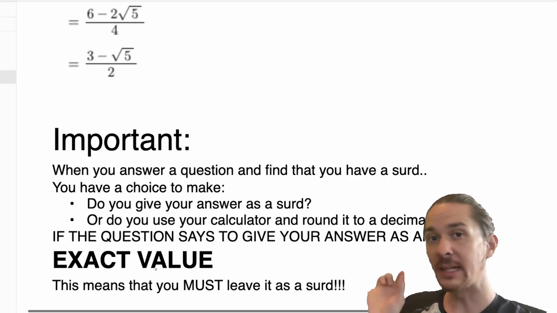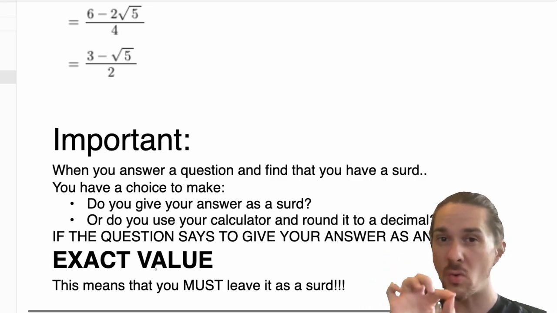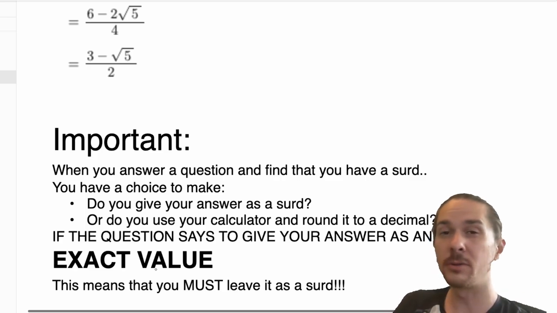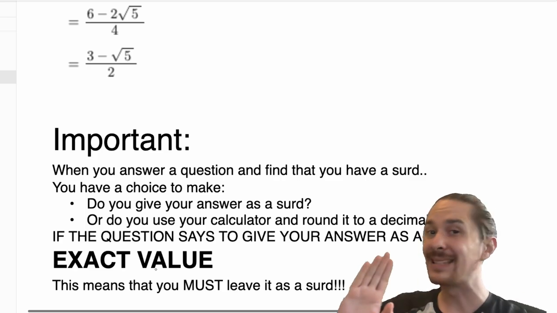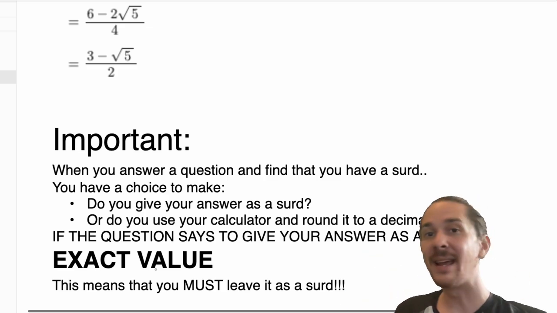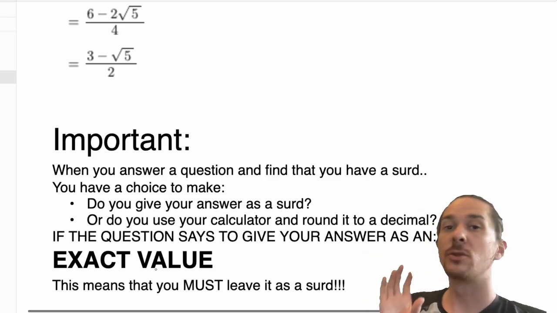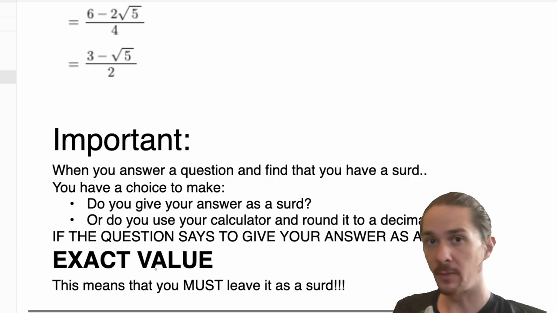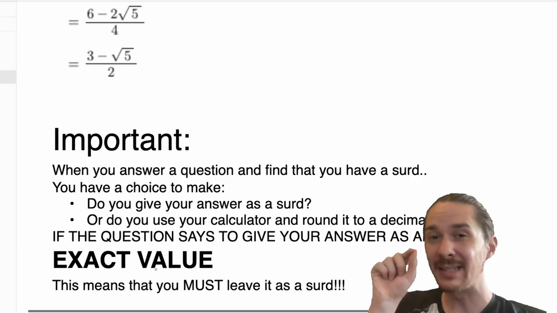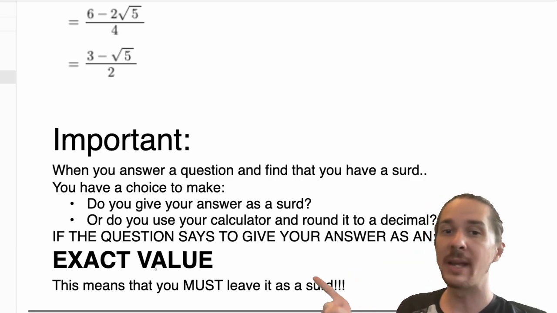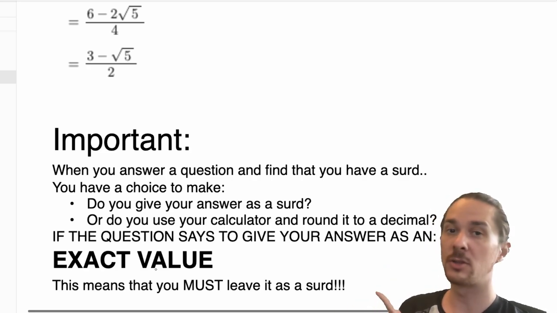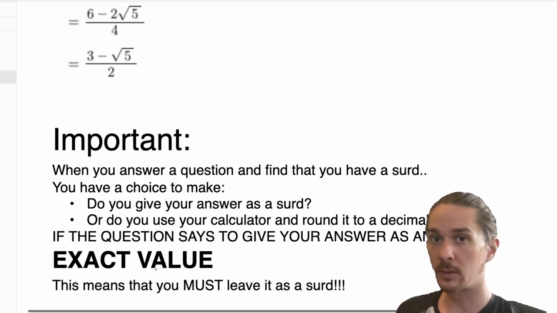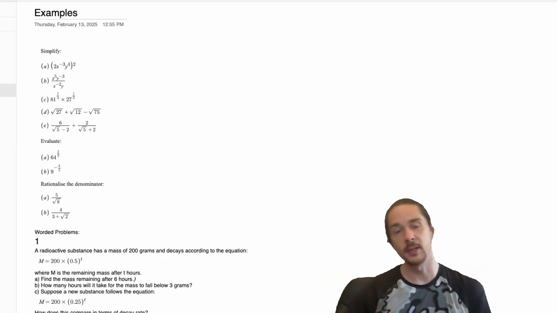If you take a decimal, even if you write all the digits your calculator shows you, even your calculator is rounding it, because a surd has a decimal expansion that never ends and never repeats. So there's no way you can write it perfectly. The only way you can write the exact value is if you leave your answer as a surd. If you've been asked for an exact value and you do not give your answer as a surd, you will not get full marks. Those concepts are fairly straightforward.